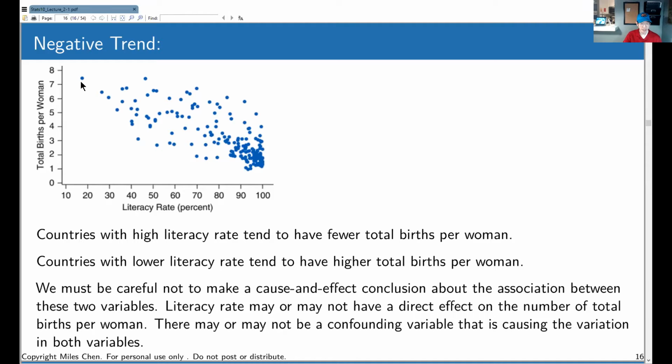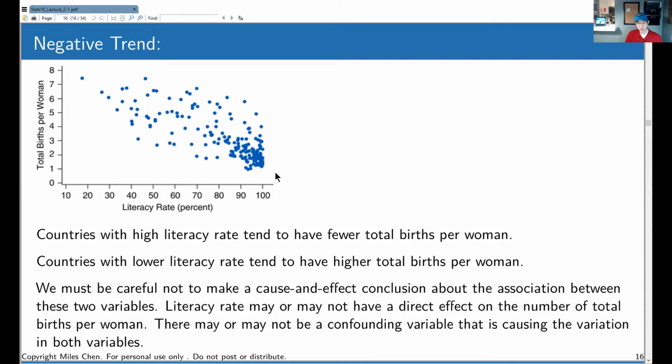And so here we have a negative trend. Over here, this would represent countries or times where there was lower literacy, and we have higher total births per woman. And this is the literacy rate of the general population, not necessarily of one specific gender or sex. You know, there's a negative trend.